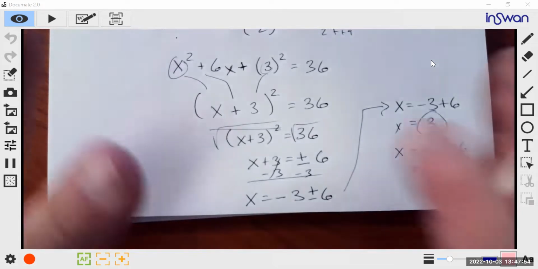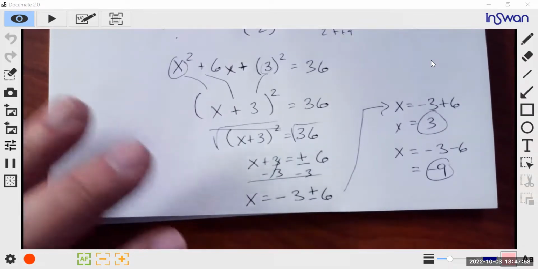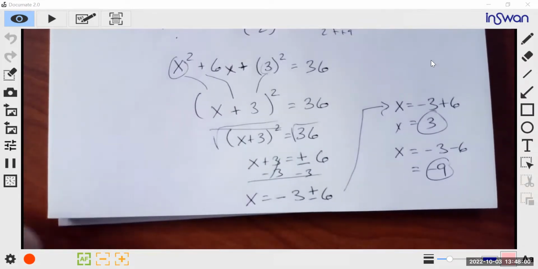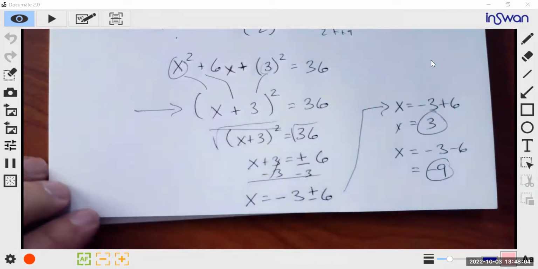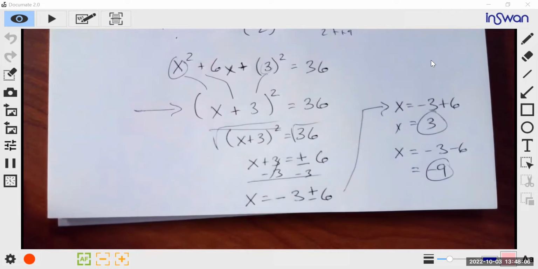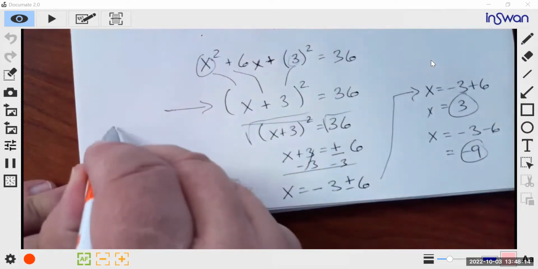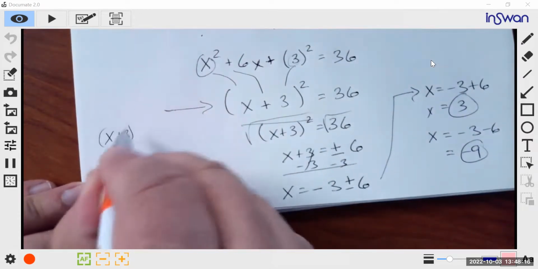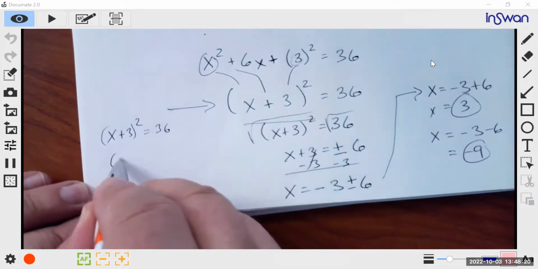It seems like this method is a lot longer and harder, but in essence, it's shorter because at this stage here, we can find the vertex. If we had x plus 3 squared equals 36, make it equal to 0.